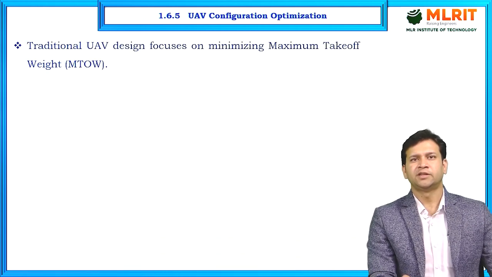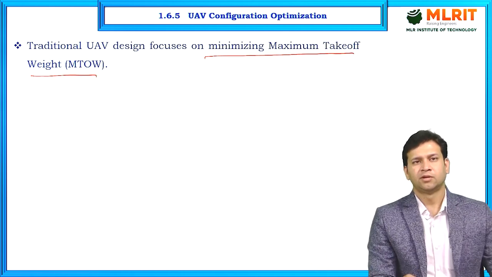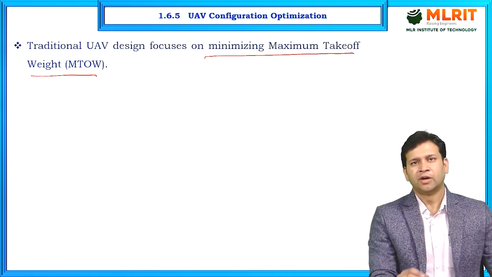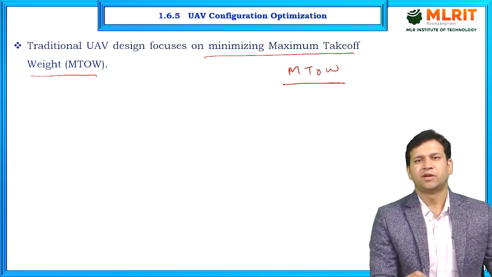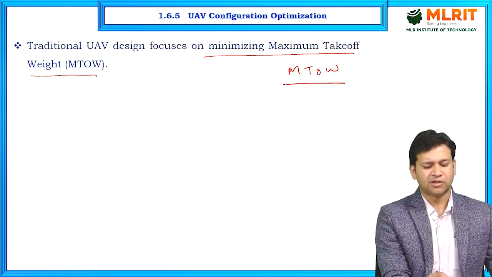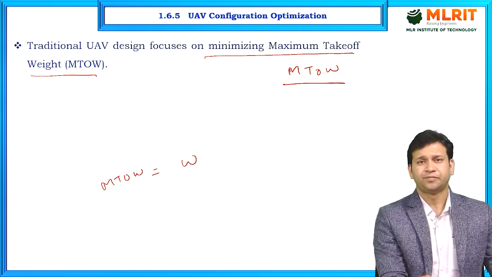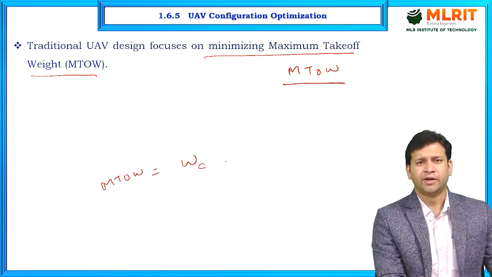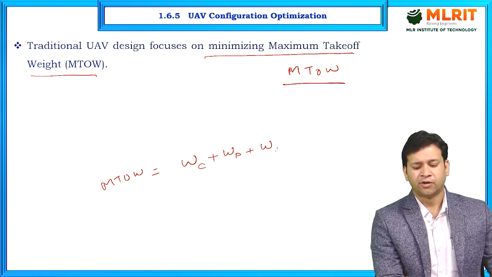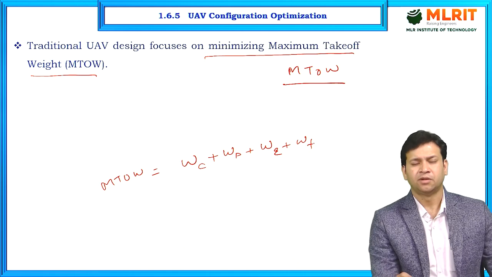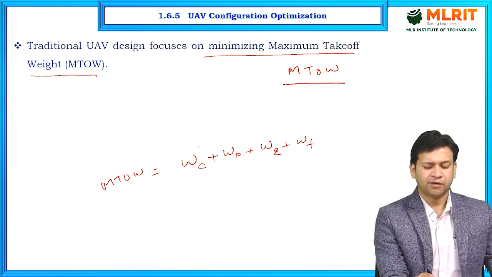Traditional UAV design focuses on minimizing maximum takeoff weight. Traditionally, as a designer, we'll ensure that as much as possible, we'll minimize this MTOW. And in this maximum takeoff weight, it will include the weight of the crew, weight of the payload, weight of the empty structure, weight of the fuel. When we talk about unmanned air vehicles, here we don't have crew.